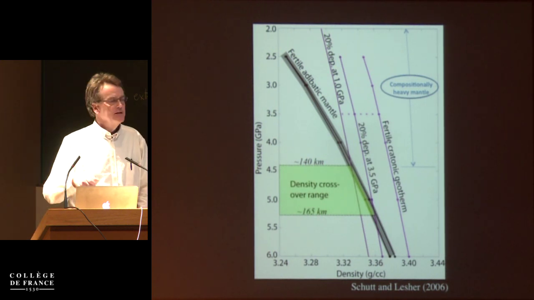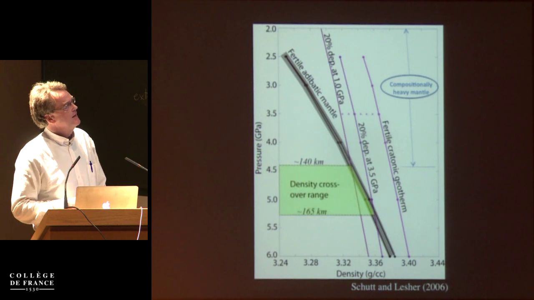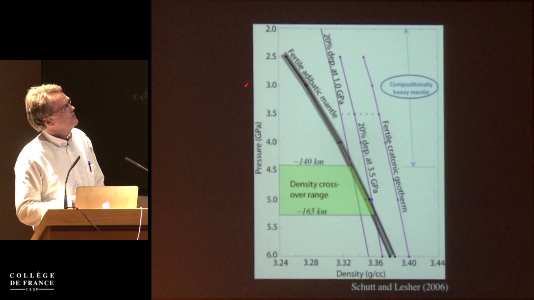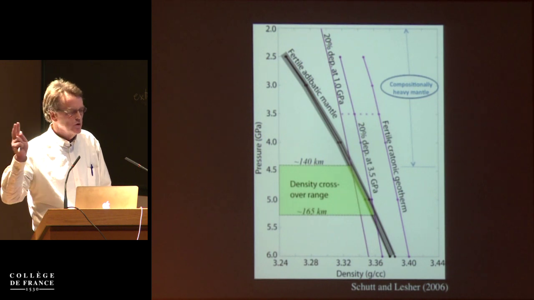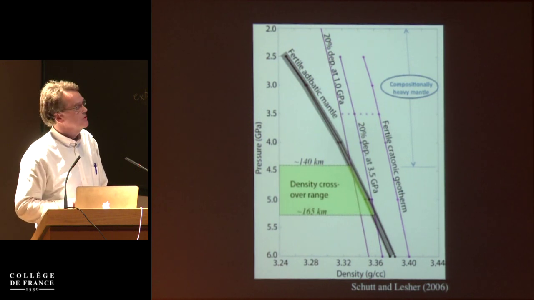So this is just to give you a sense that you're starting out way over here somewhere, at temperatures near the ridge axis where you're actually forming this material and it's still hot.